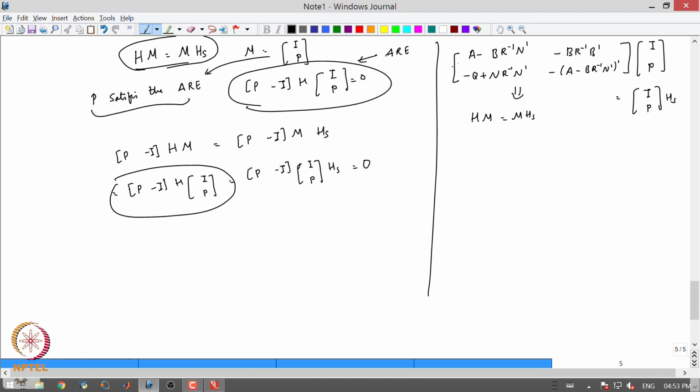Now I am only interested in the first row. So this is A minus B R inverse N transpose, minus B R inverse B transpose P, is I times Hs, or equal to Hs.